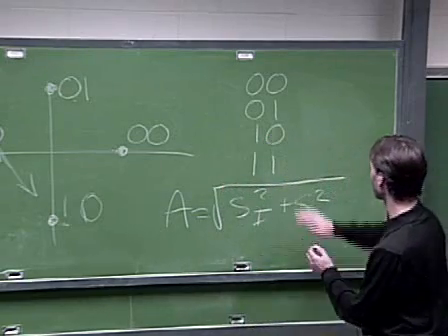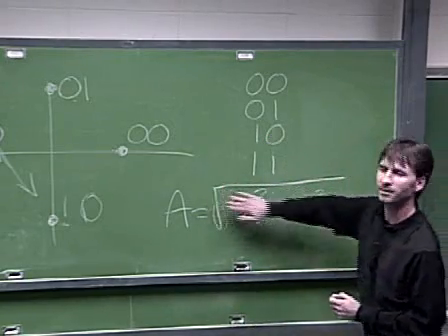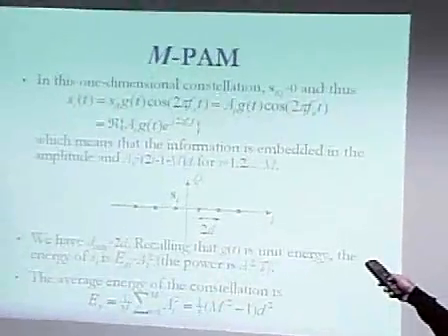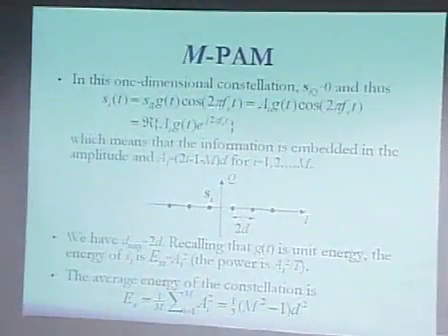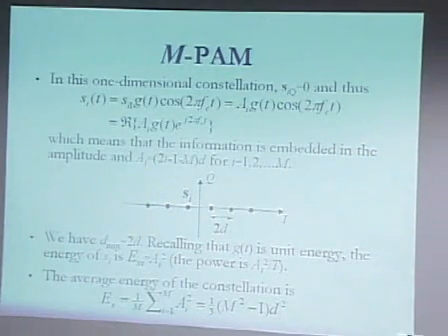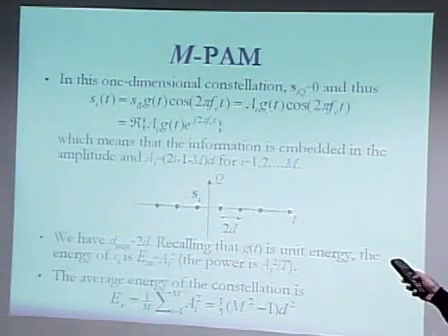So when there is no quadrature, the amplitude is exactly the in phase component, right? So we can just say that the ith signal is going to be the amplitude of the ith signal times g of t times the cosine. So the information is all in this amplitude.